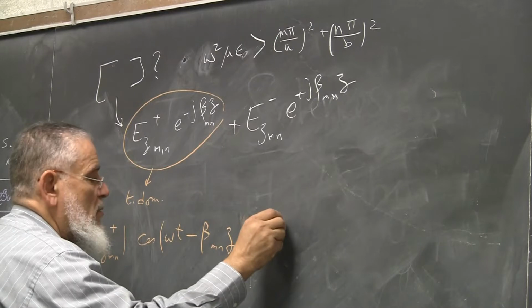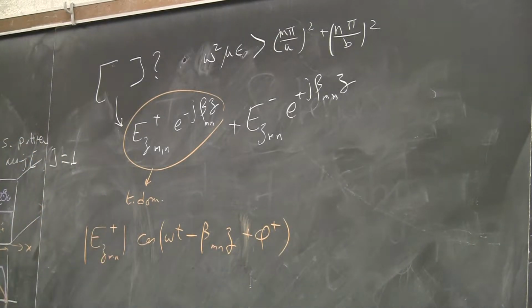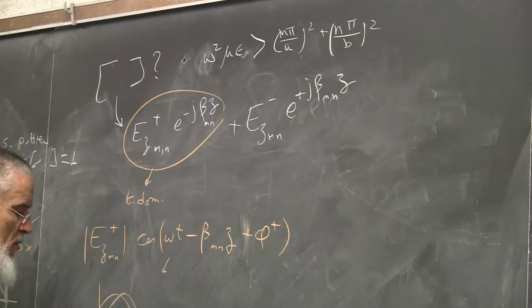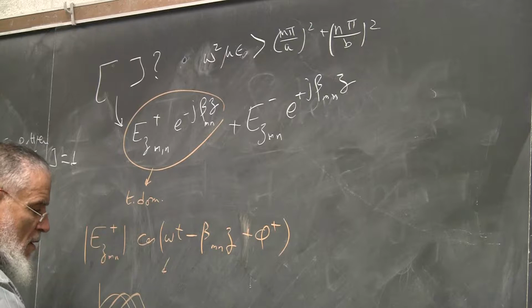Call it phi plus. It comes from the E sub z. Once I take the magnitude, I get a phase. And we've seen this in the time domain to be a wave that advances or propagates in the positive z direction, right?